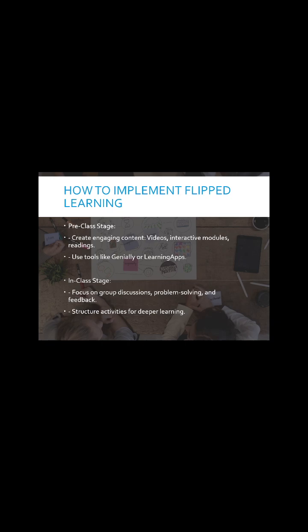It is one of the key characteristics of flipped learning. And we should focus on group discussions and problem solving tasks for this reason. We should shape or adapt our activity in this way. Yes, and also we should structure activities for deeper learning.